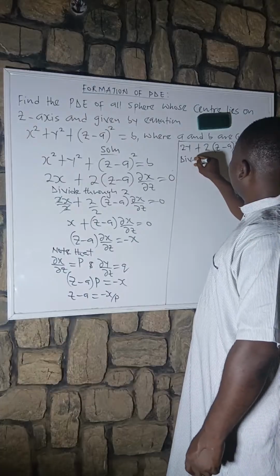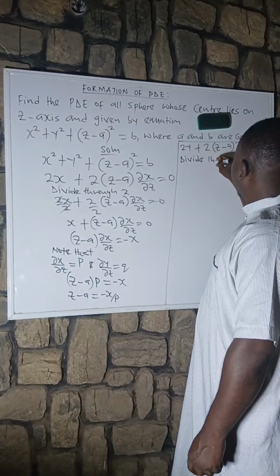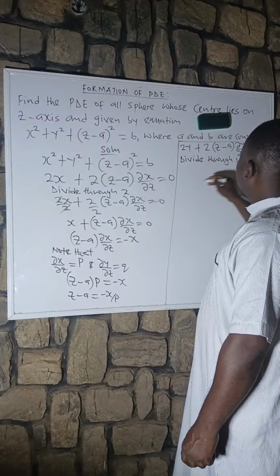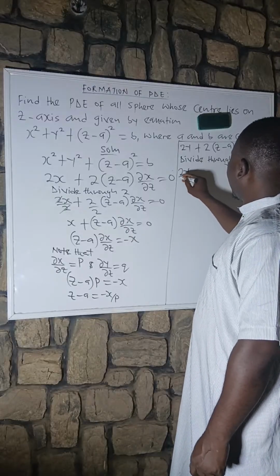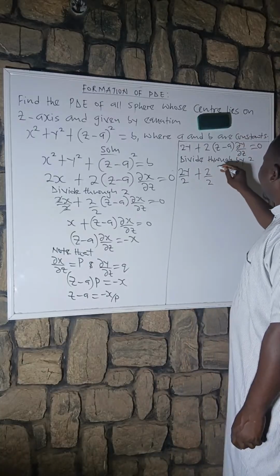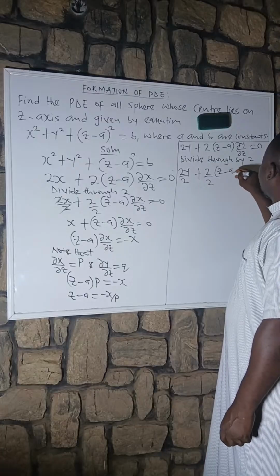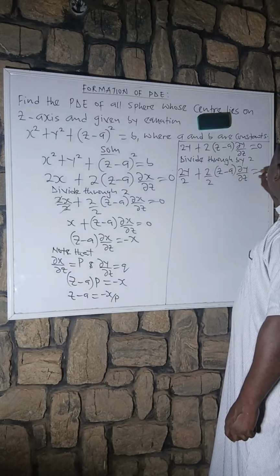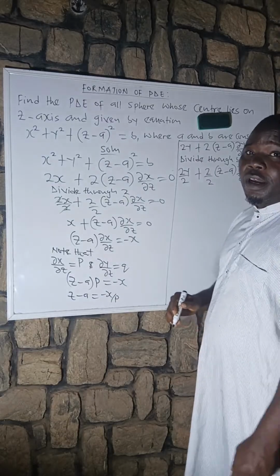When we divide through by 2, we are going to have 2y all over 2 plus 2 all over 2, minus z partial y all over partial z equals 0.